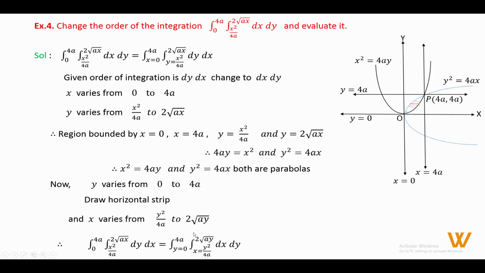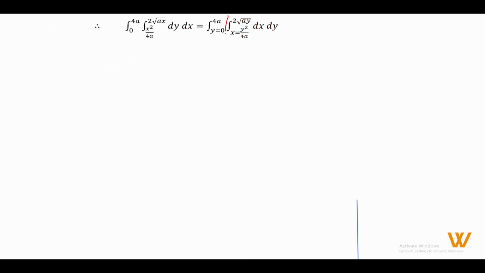Now evaluate this integration. For that, first evaluate this integration, which is the integration with respect to x. Therefore it is equal to integration y varies from 0 to 4a. Now the integration of dx is x, and x varies from y square by 4a to 2 root ay, dy. Now here, first put the value of x as the upper limit.